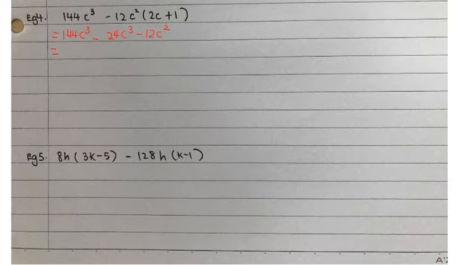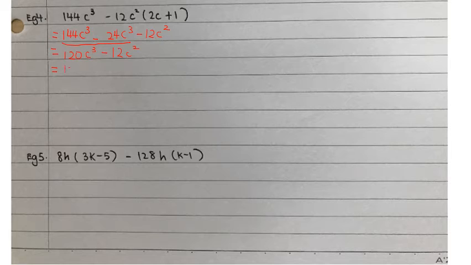Okay, next, note that the first two terms are c cubed terms. We are going to combine them. So 144c cubed minus 24c cubed, we have 120c cubed followed by minus 12c squared. Last step will be to look at the coefficient and see what we can factorize out that is common.